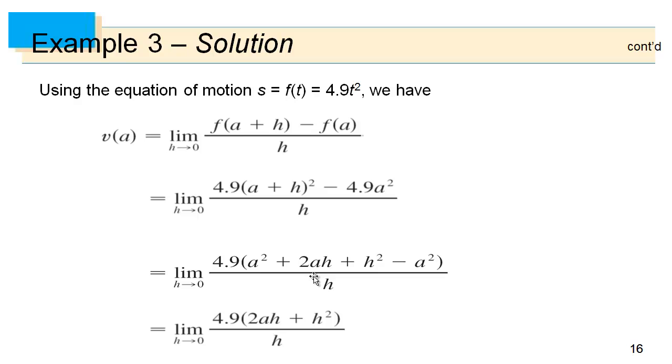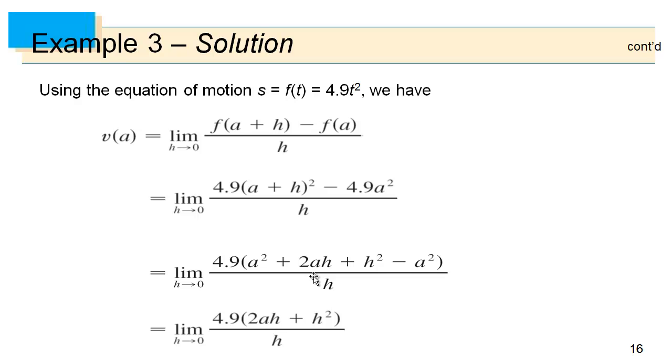Okay, so this original equation, 4.9 t squared, is just the position function. It's the equation of motion. Now we're going to figure out velocity. You plug in a plus h, so you have to do (a plus h) squared times 4.9, minus f of a, which is just 4.9 times a squared.